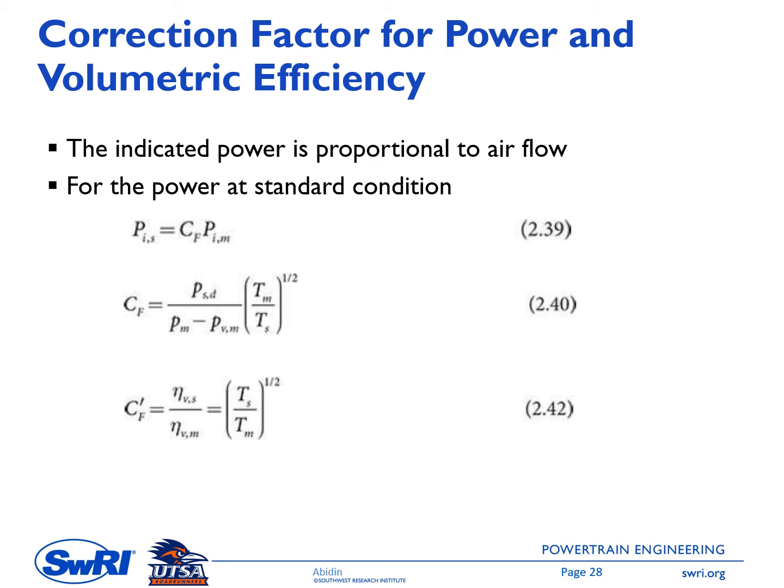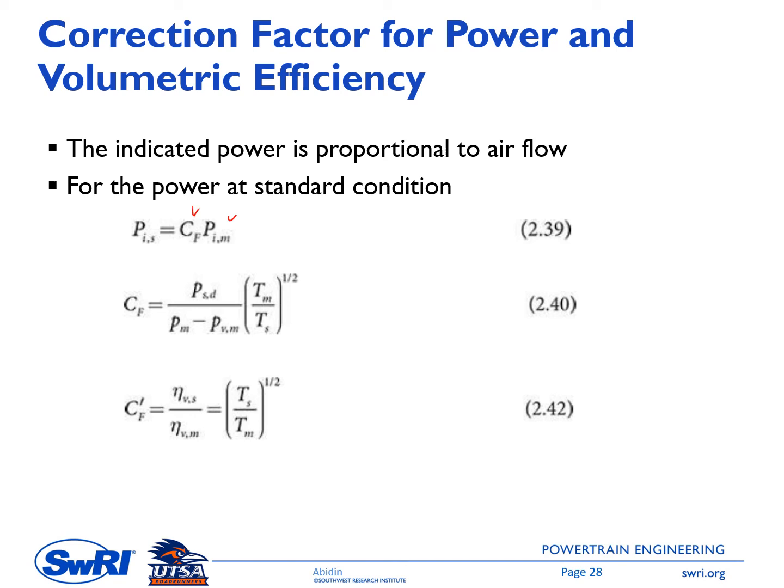Therefore, if we want to increase the power, we need to add, for example, a turbocharger, to increase the amount of the airflow and thus increase the amount of the fuel for keeping the same air-fuel ratio.